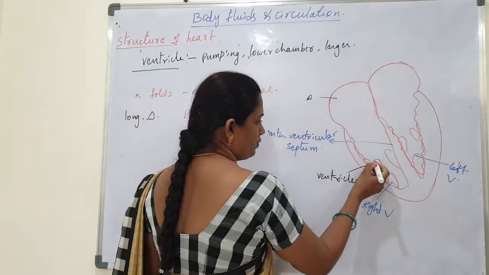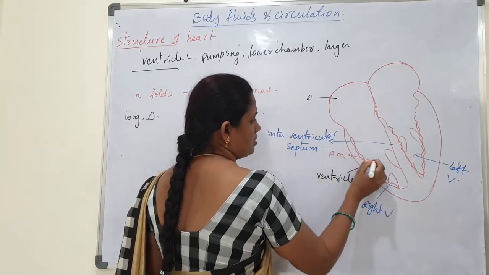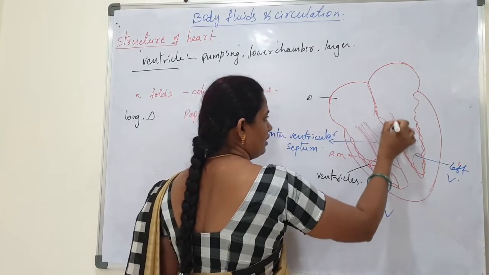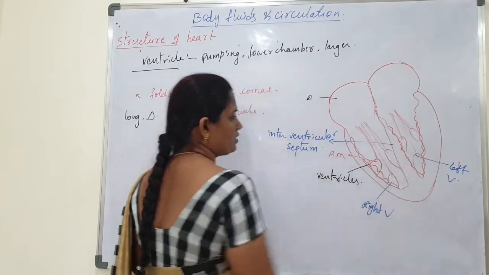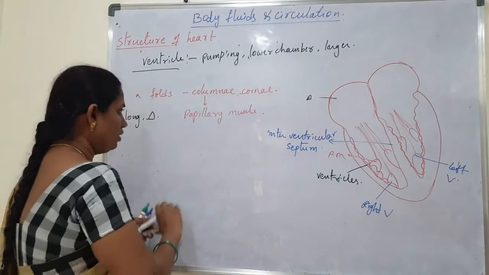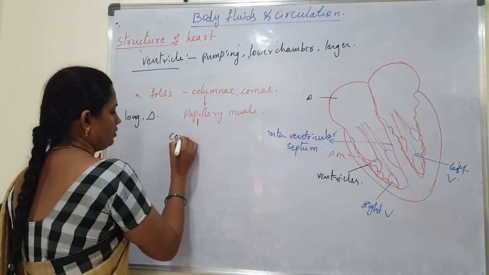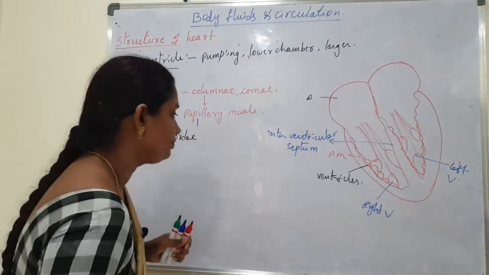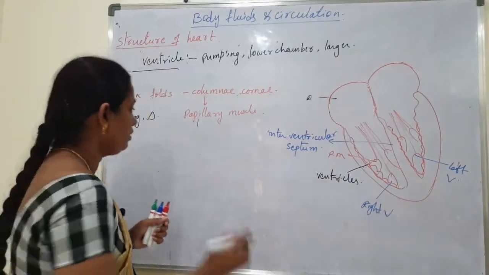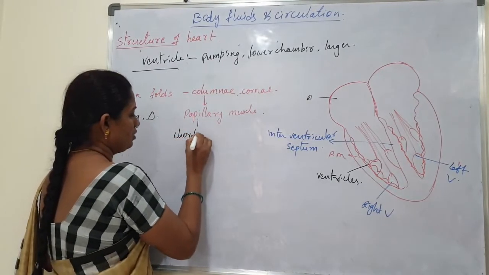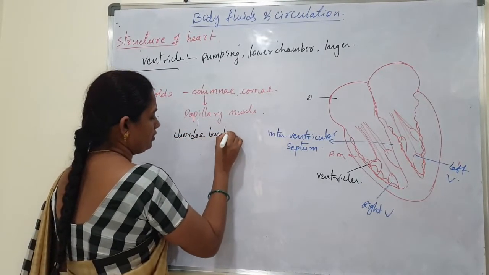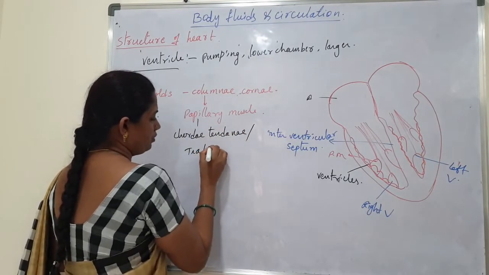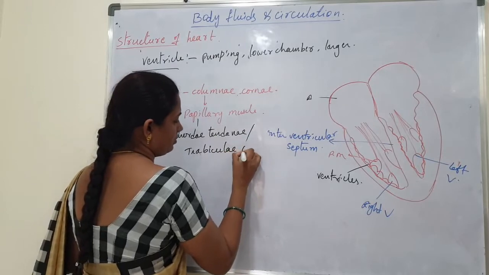From these, long cord-like structures arise like this. These are called chordae tendineae or trabeculae carneae.